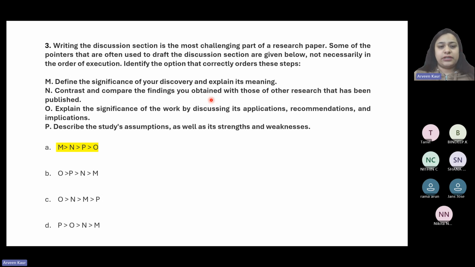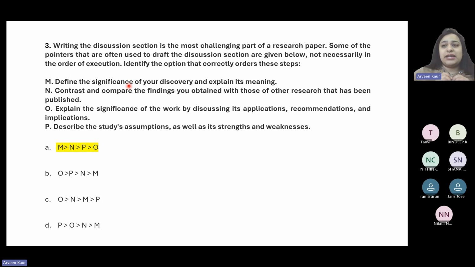So what is the different thing that we have already done, right? So over here, what we first need to establish is to define the significance of your discovery, because we have some pointers from our introduction itself that, okay, we know that this was what was missing, and this missing part we have answered over here, right? So that will become the significance of the discovery, right?